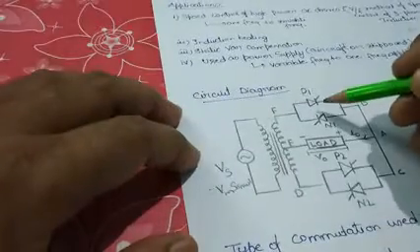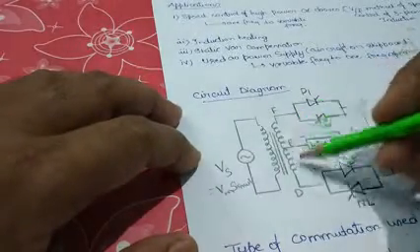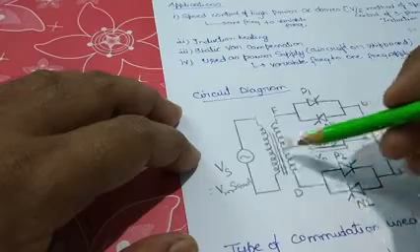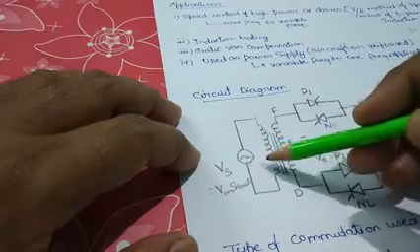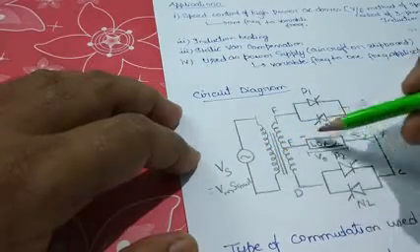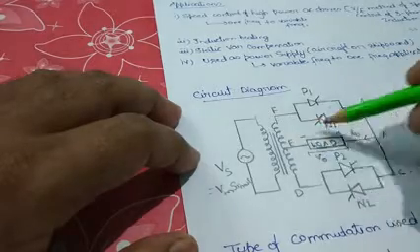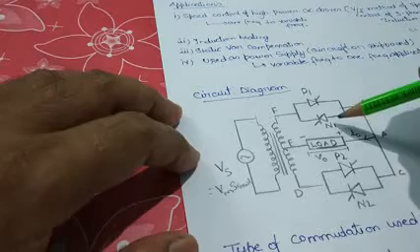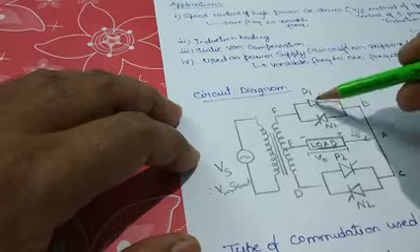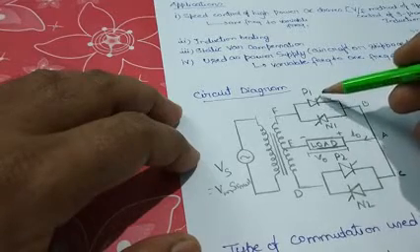So here we have 4 automatic switches. This is a transformer. Okay, so basically the input supply is being isolated from the output supply. Electrically they are isolated, and we have 4 automatic switches.